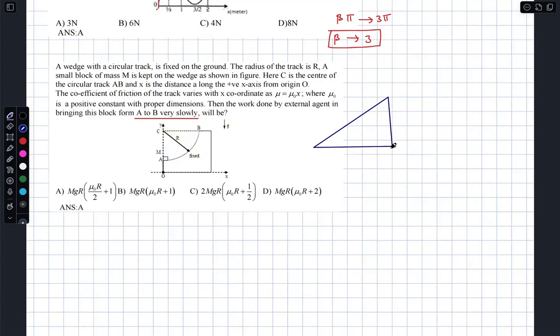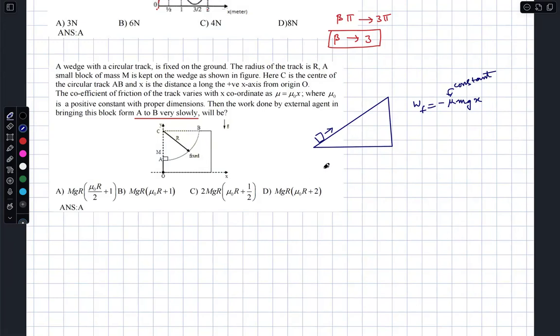In yesterday's class, I just discussed this. If you are moving this block up, the work done by friction is simply minus mu mgx. Here mu is constant throughout, and so we have written minus mu mgx.